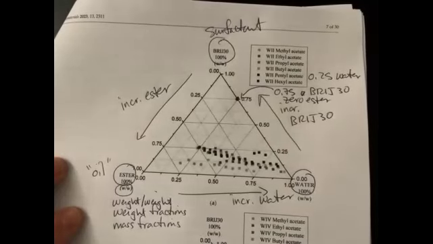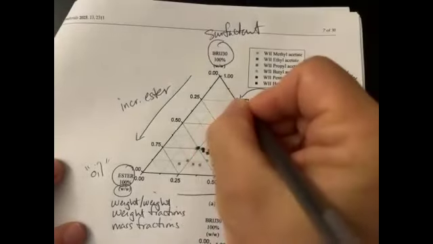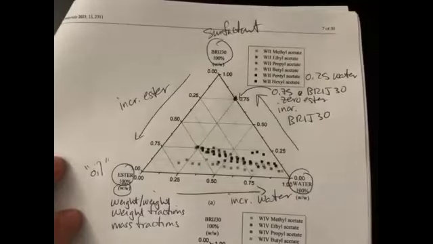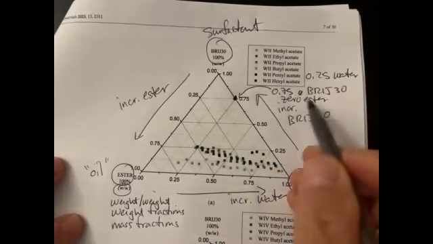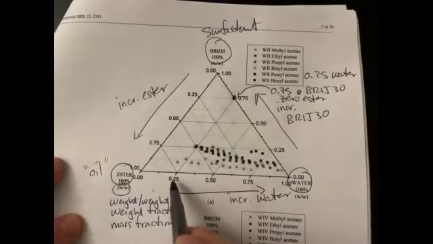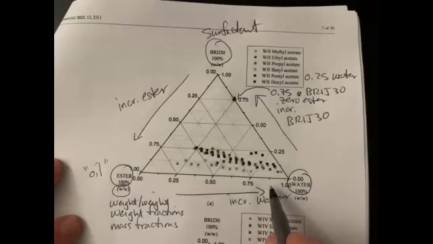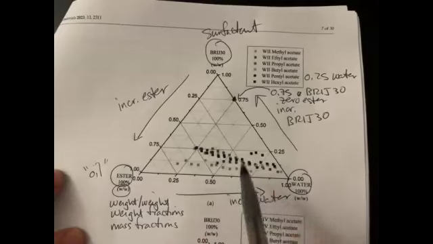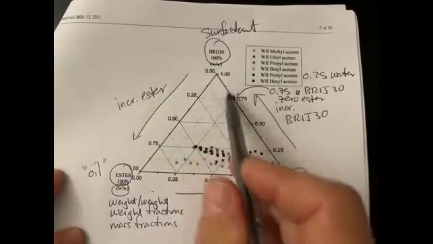So 25% or 0.25 fraction by mass or weight water is this point right here. And so this line is for bridge 30 going to 100%. And then you have to see where you are on this line for the water. And then here, you're at the 0 line.